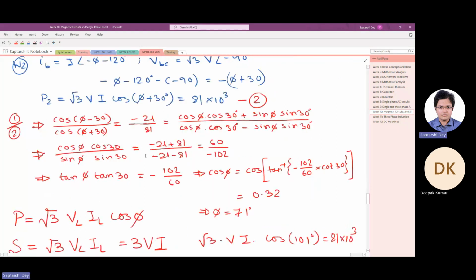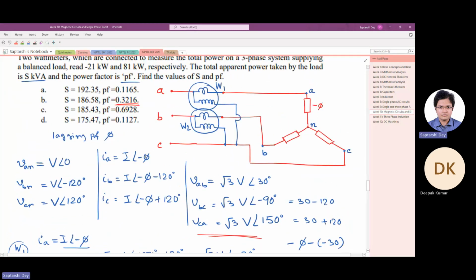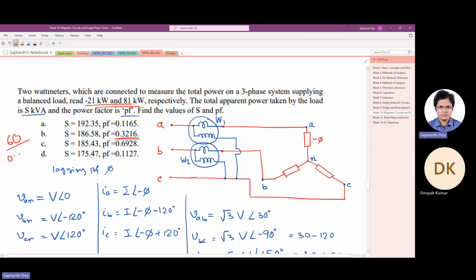Did I make a mistake? Ah, 60 by the power factor 0.3216 is 186. From here, the total power is 60, and we found out the power factor to be this. That gives you definitely 186.